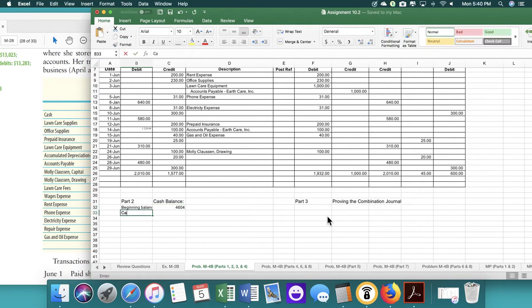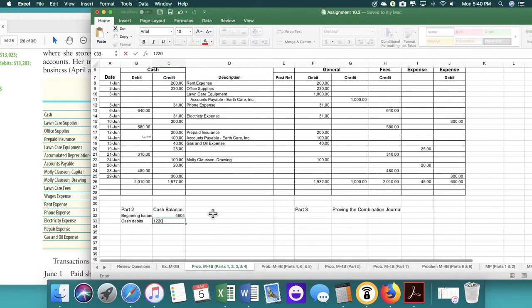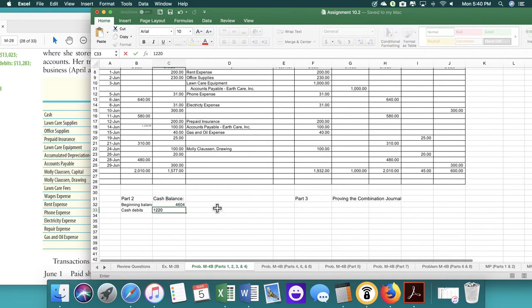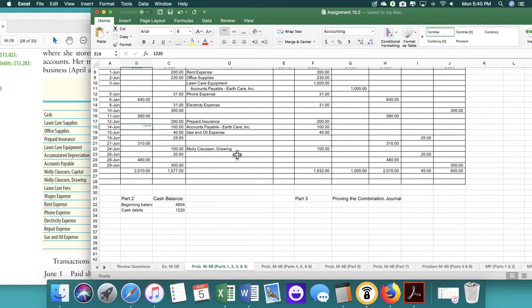And then we have cash debits of $1,220. Yep, cash $1,220, which is the amount as of June 12th.